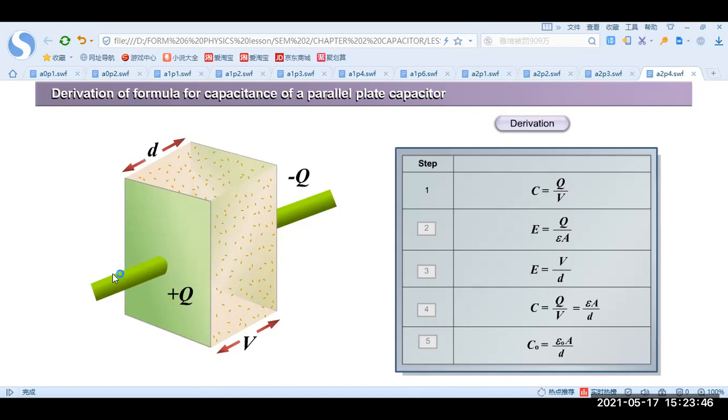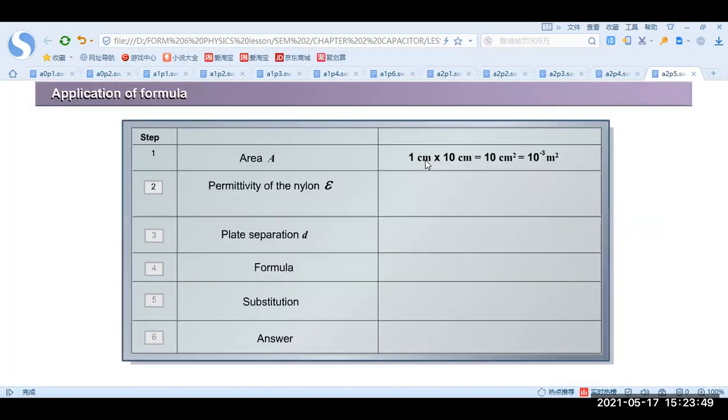Let's go to the next slide. Let's see an application of the formula. If the area is 1 cm times 10 cm, the cross-sectional area is 10 cm squared. Converted to meters squared, it is 10 to the power negative 1 times 10 to the power negative 3 meter squared. The permittivity is 3.4 times 8.85 times 10 to the power negative 12.